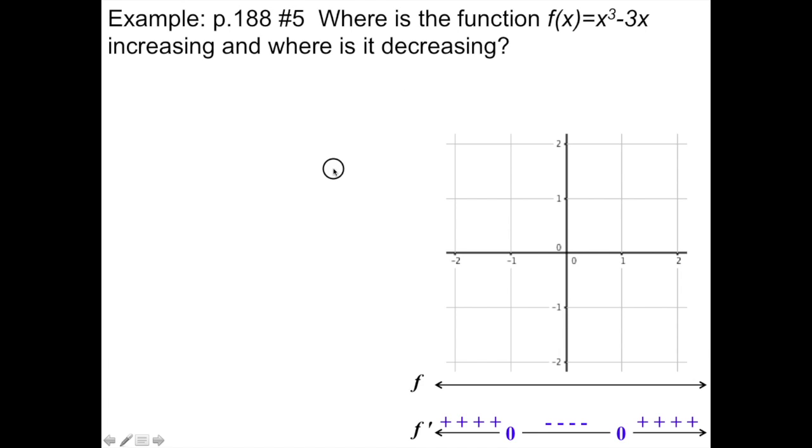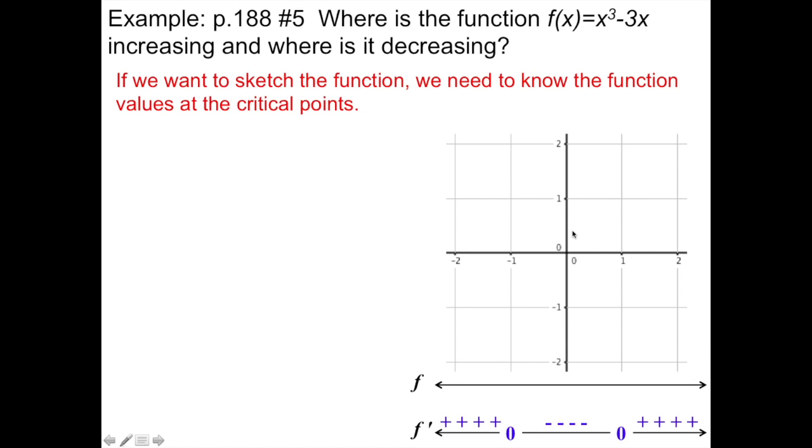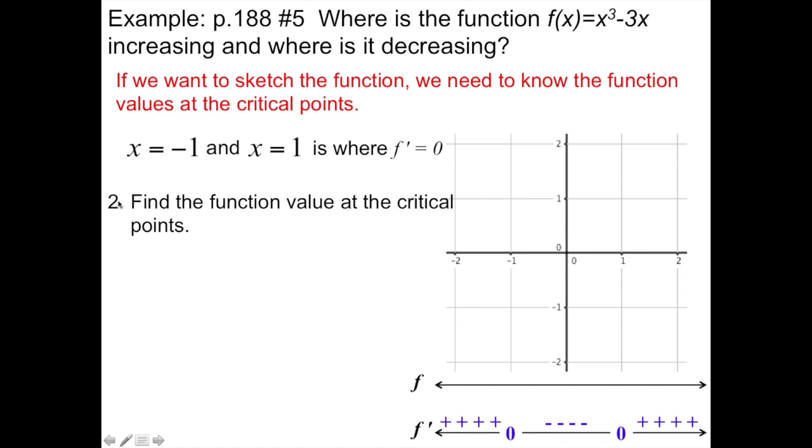So as we can then look a little more critically, not to be punny, but at this function, let's try to sketch it. So we know the derivative is 0 at x equals 1 and x equals -1. So if you notice I'm jumping around, I'm jumping back to step 2 now. Let's find our function values.